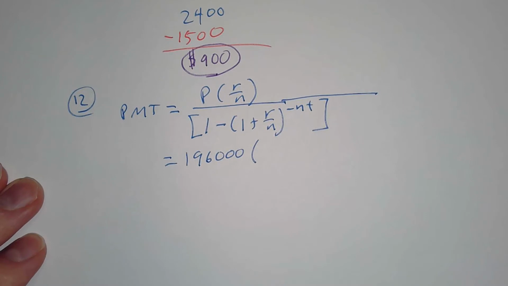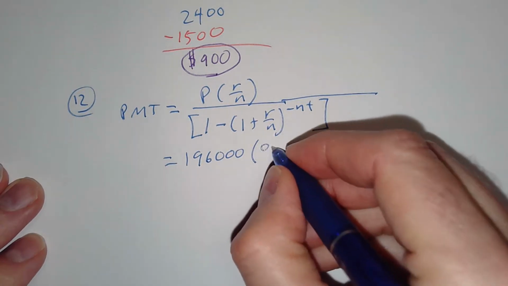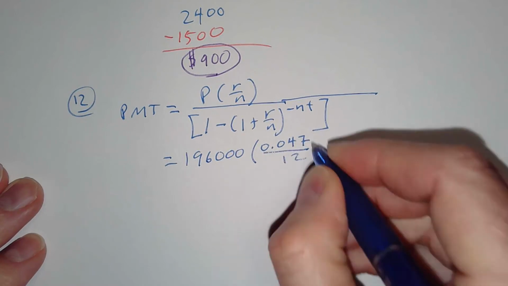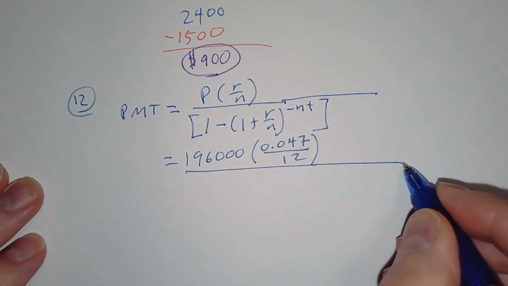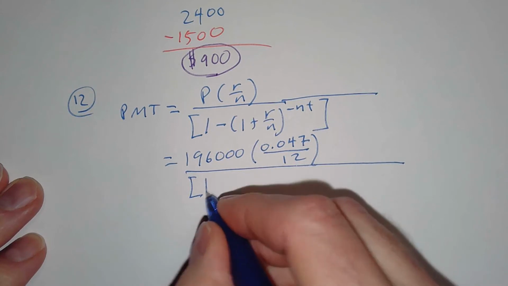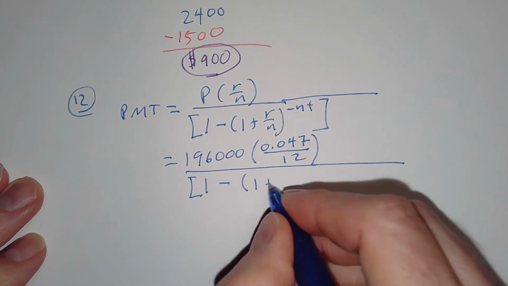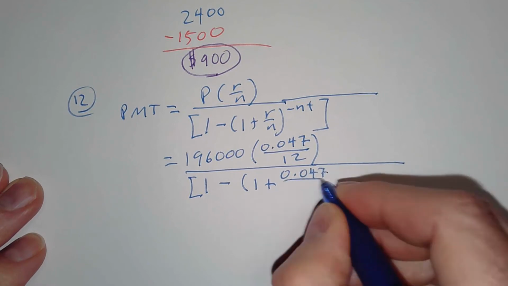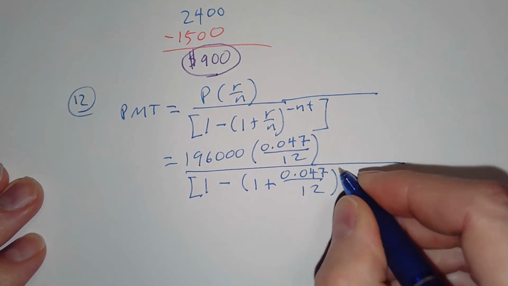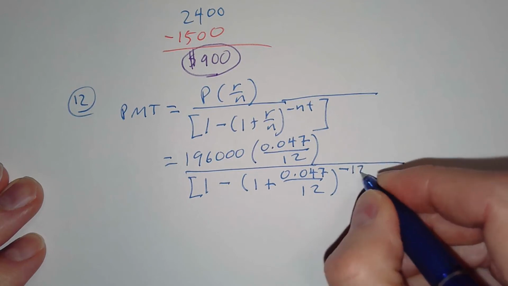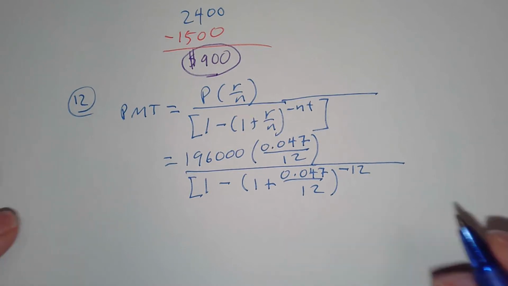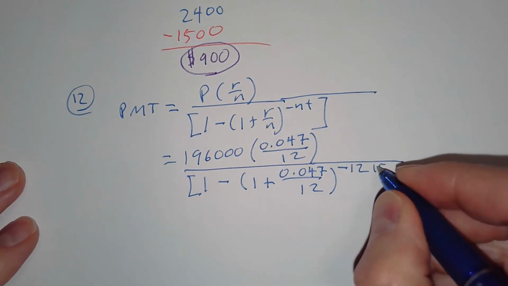Our interest rate is 4.7%, so we're going to write that as a decimal. We're doing this monthly. And then this was a 15-year mortgage. So my time would be 15.